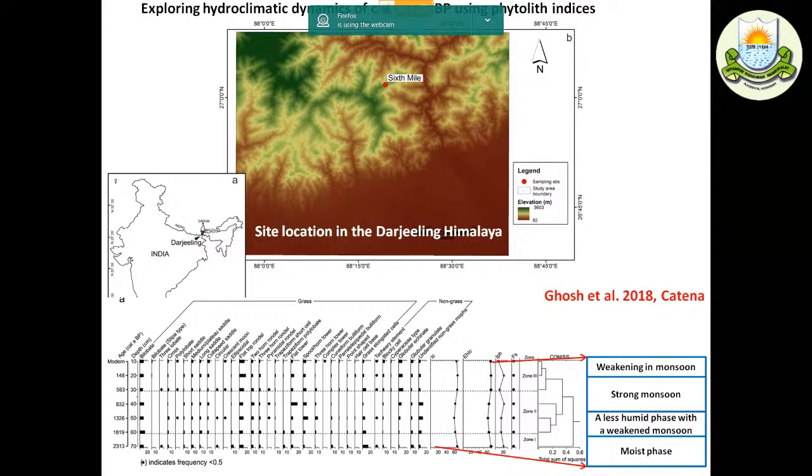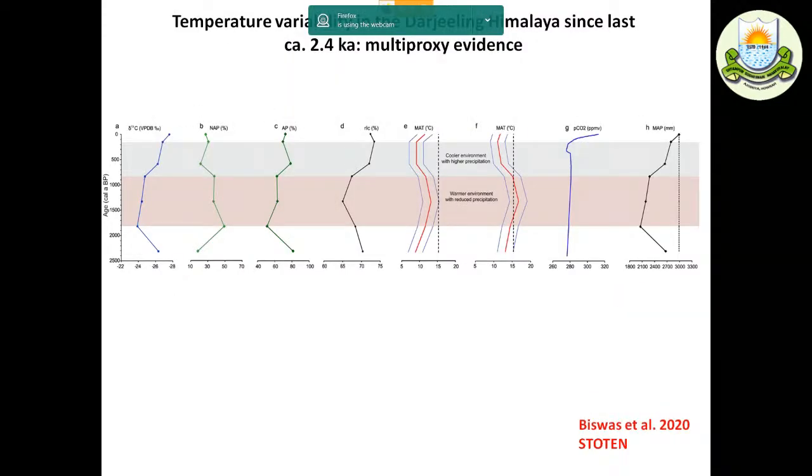On this data we applied these two indices, the conventional IC and our revised IC, and utilizing these two models we reconstructed the paleo temperature variation.